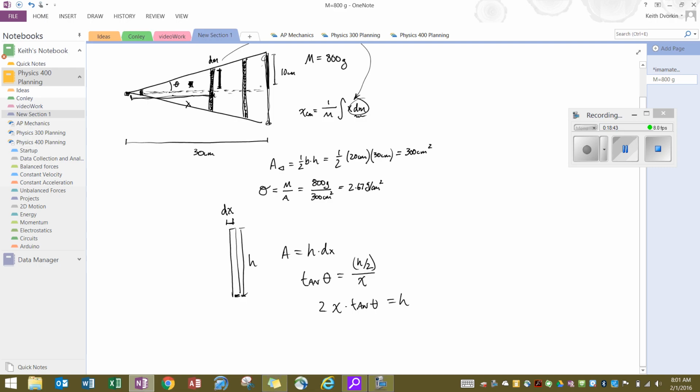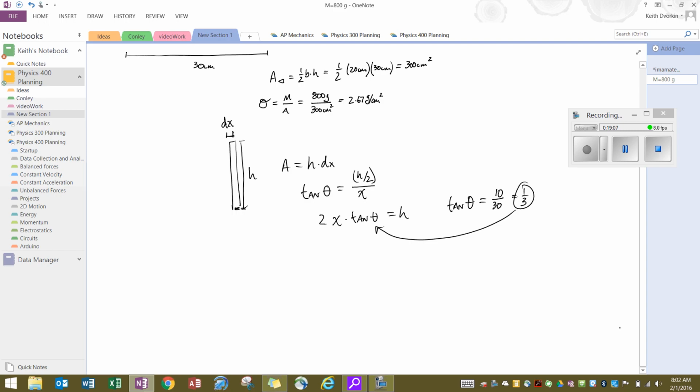Theta is going to be opposite, which we know is 10, divided by the adjacent side, which is 30, and that's a constant. So tangent of theta for this triangle is just going to be 10 over 30, or 1 over 3. So we could just put this in here in place of the tangent of theta.